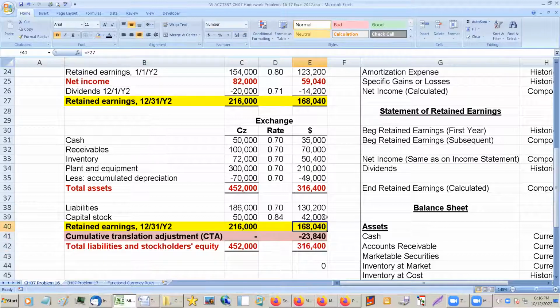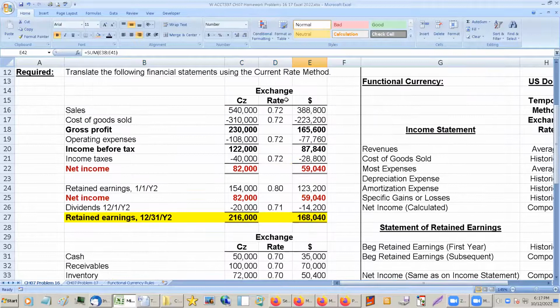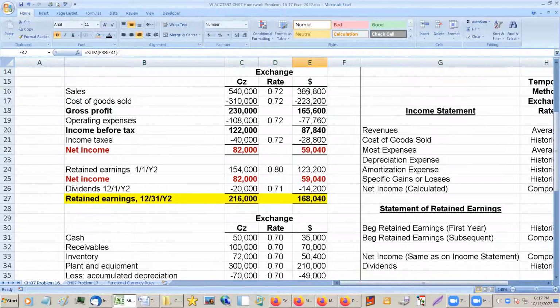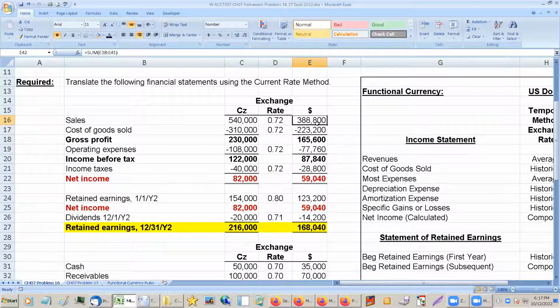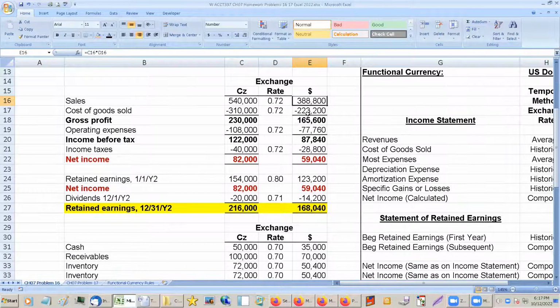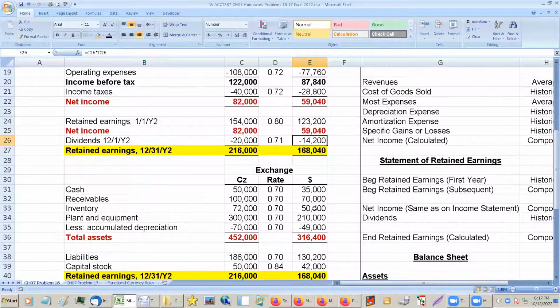And so when we translate this into our financial statements, we'll take all these accounts and translate them over. This is it in dollars, so we'll translate sales of 388,1800, and we'll translate the cost of goods sold and so on. So all these will come over onto our books in a journal entry.